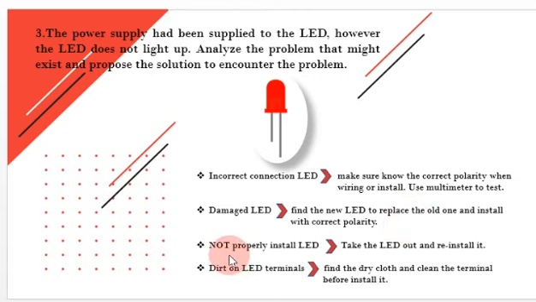Next, maybe the LED is not properly installed. So take the LED out and reinstall it. The last one, there may be dirt on the LED terminal. So find a dry cloth and clean the terminal before installing it.